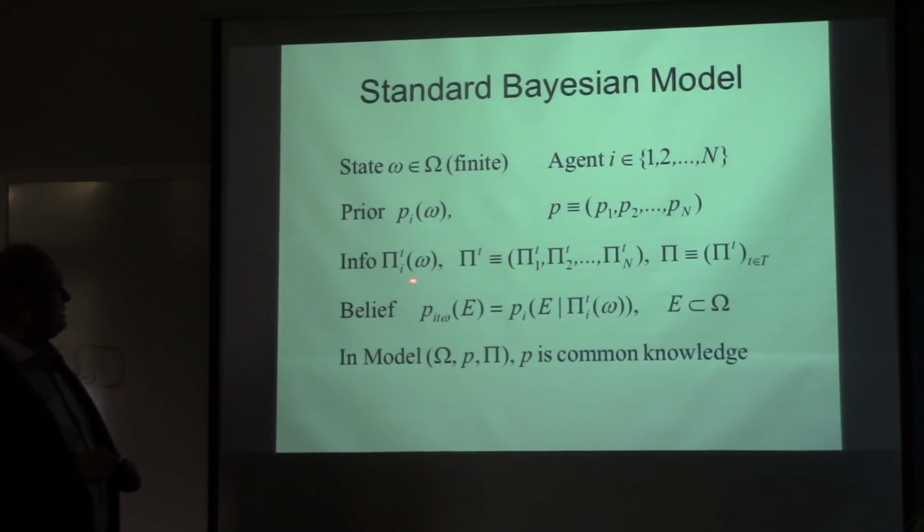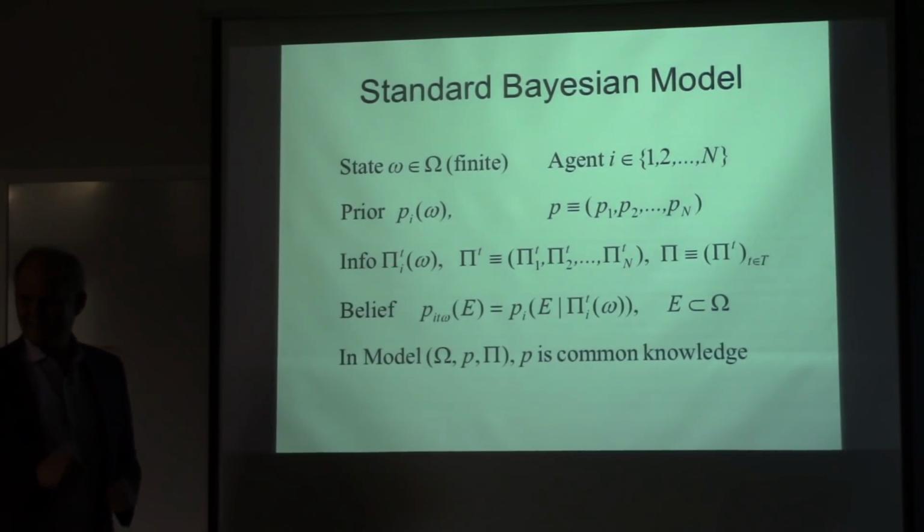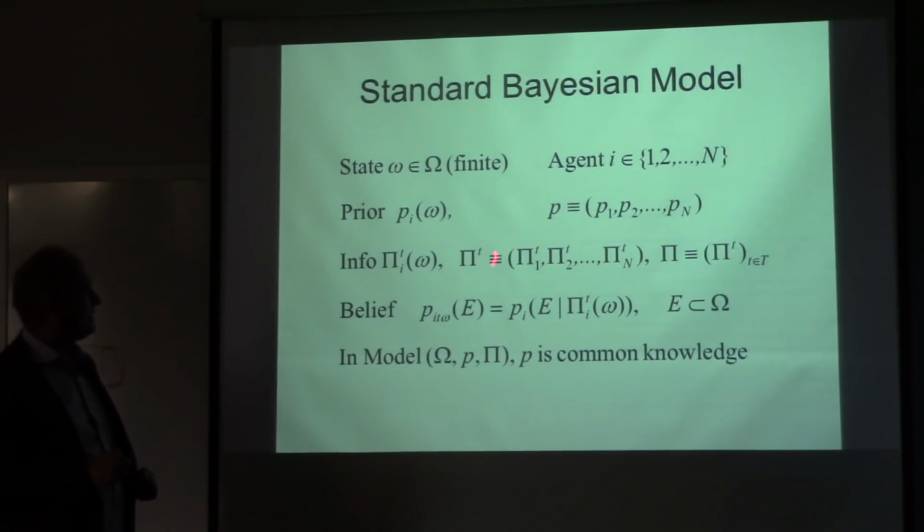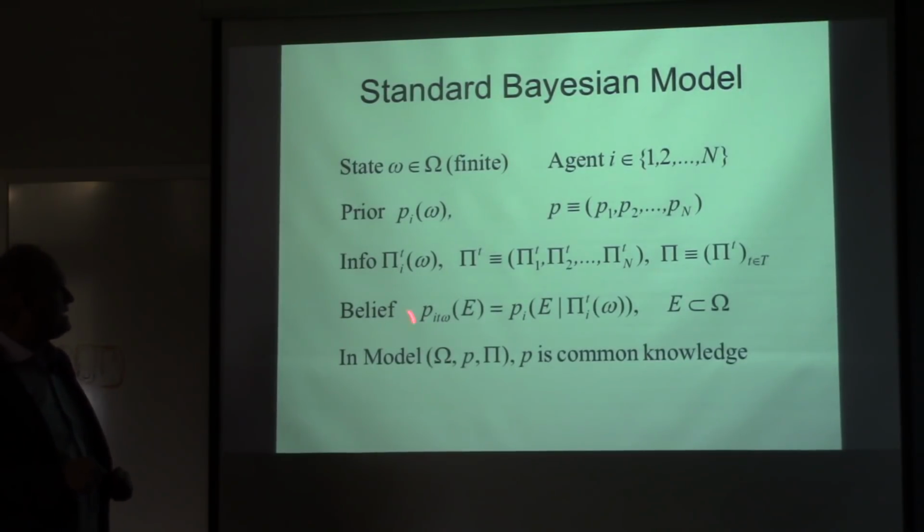Within a standard model, each agent at any one time will have an information set at every state. And of course, we can collect those across time, across all the people, to be the information that everybody has at any one time. We can collect those across all the times, have a total set of the whole information structure. And we have, again, this key Bayesian idea.